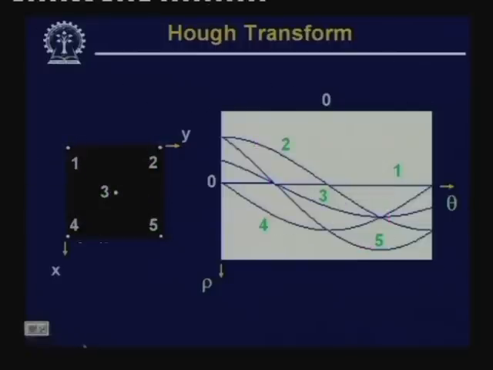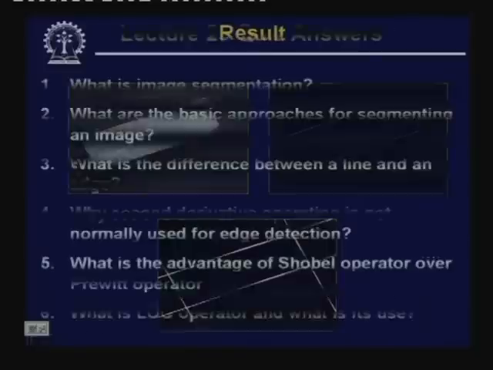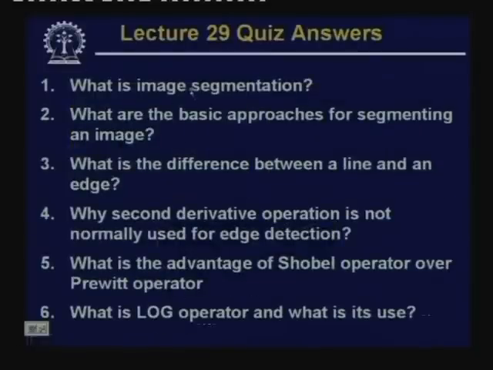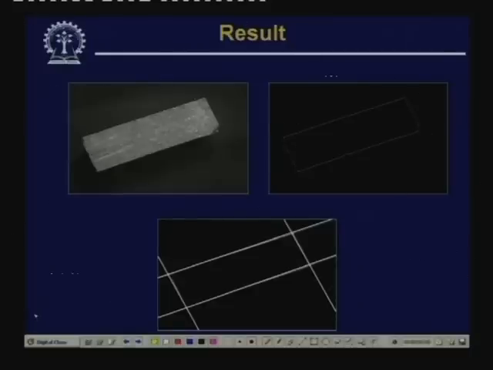So, by applying this, you find that in one of our previous classes we had shown this image. Here we had shown that we have an image of a brick, and after edge detection operation what we get is the edge points as given on the right hand side.